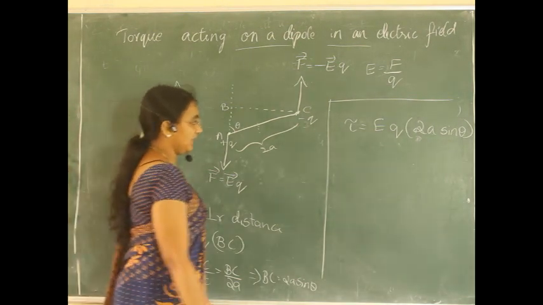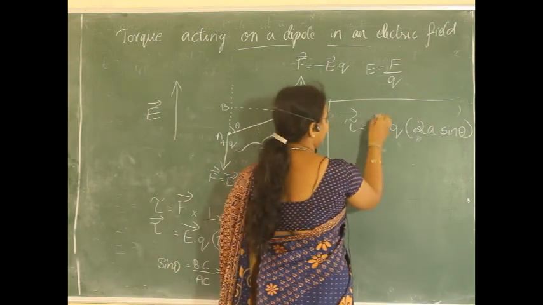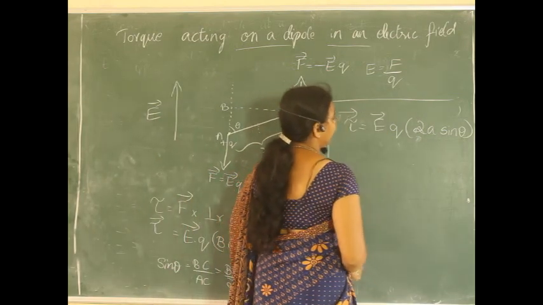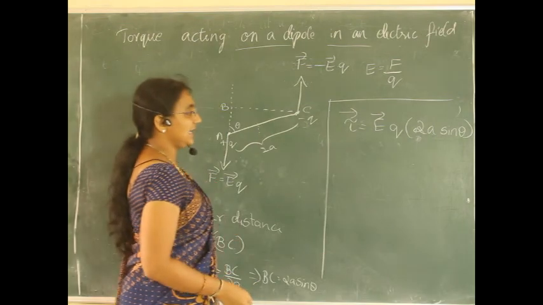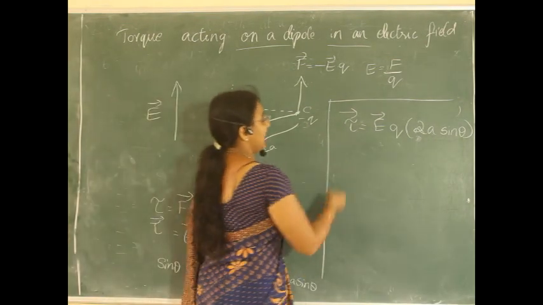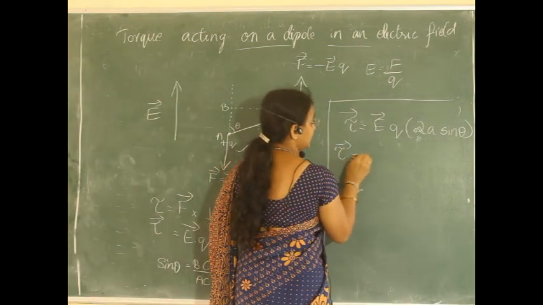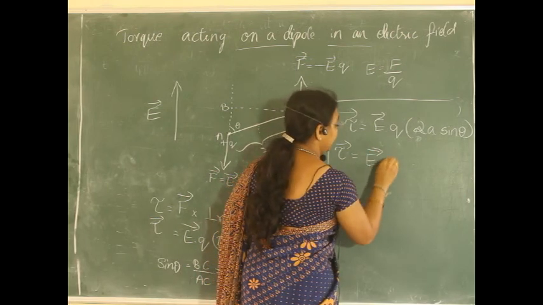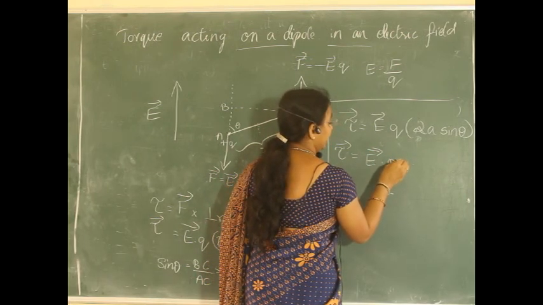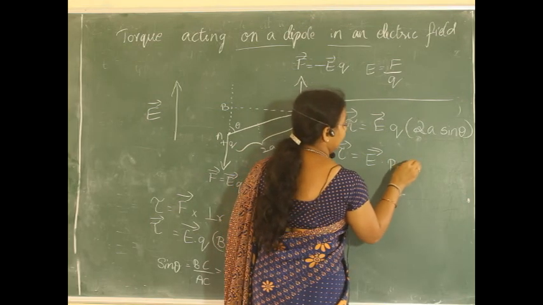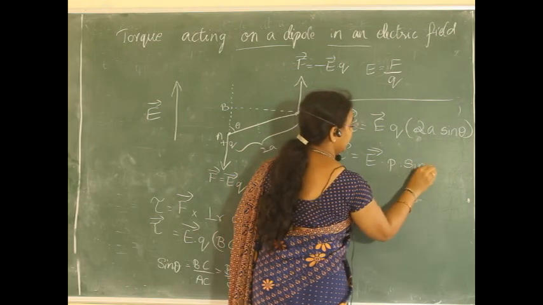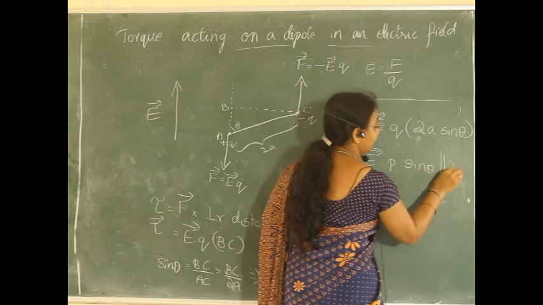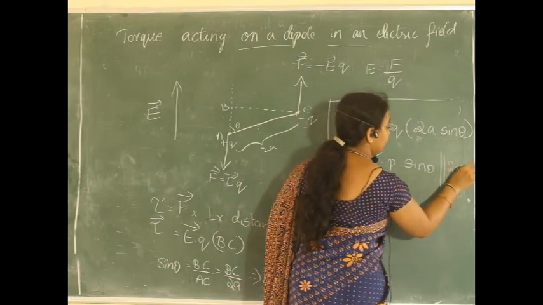So therefore I'll get tau vector is equal to E vector into Q into 2A sin theta, or else I can write tau vector is equal to E vector into P into sin theta, because 2AQ is equal to P.